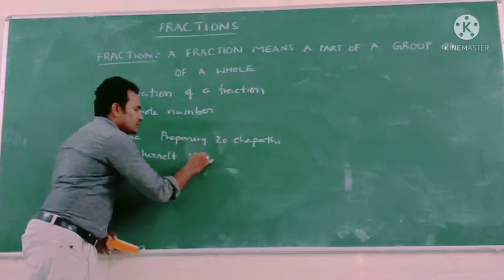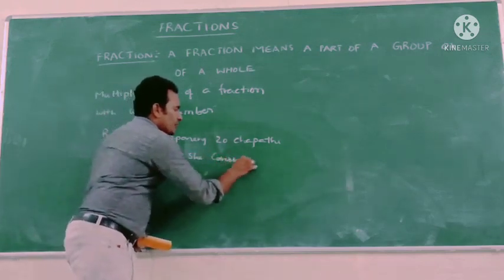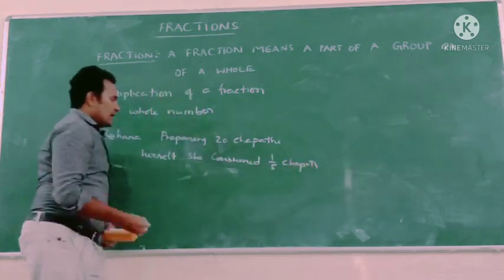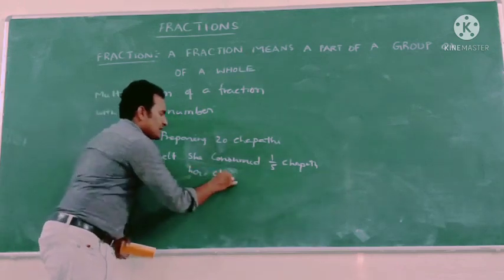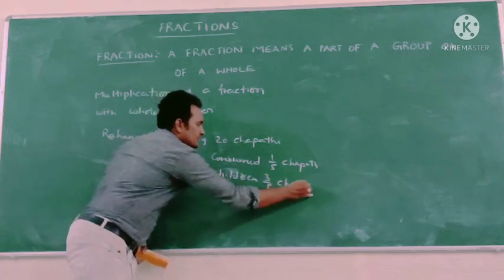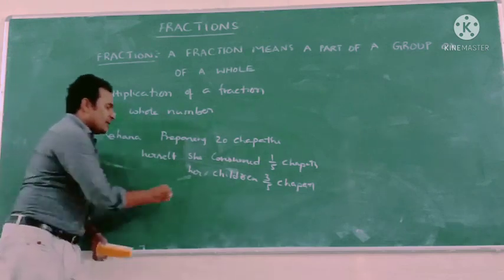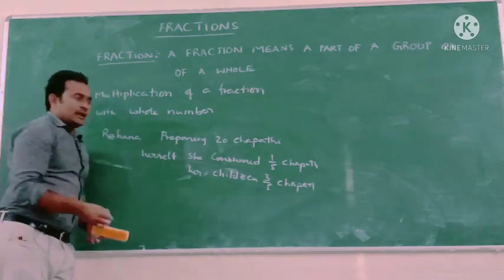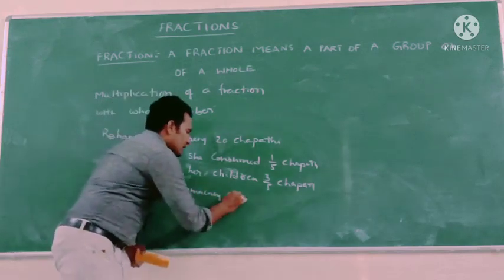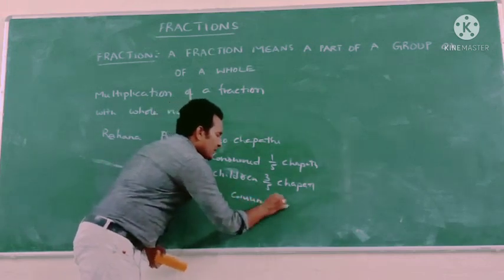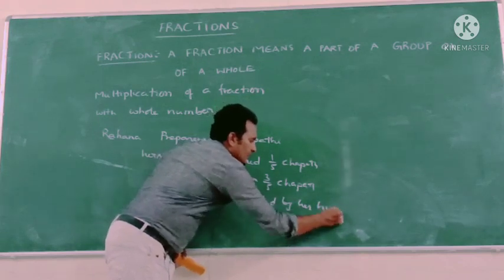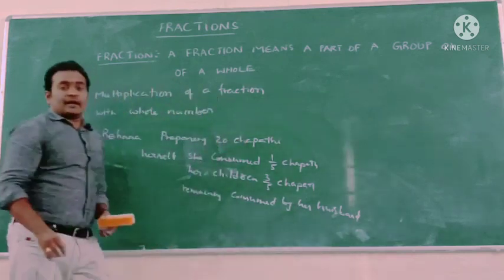She consumed 1/5 of the chapatis. Her children consumed 3/5 of the chapatis. The remaining chapatis are consumed by her husband. What is the fractional value for her husband?